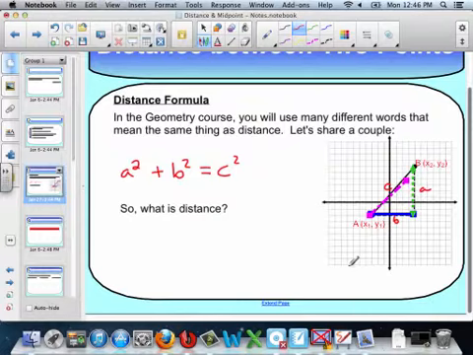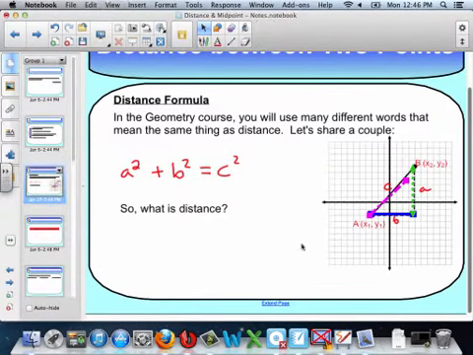So if I count the squares this way and count the squares that way, we're good to go. I can do the Pythagorean theorem, and we're done. Right? No? Because it's squared right now, you have to take the root.